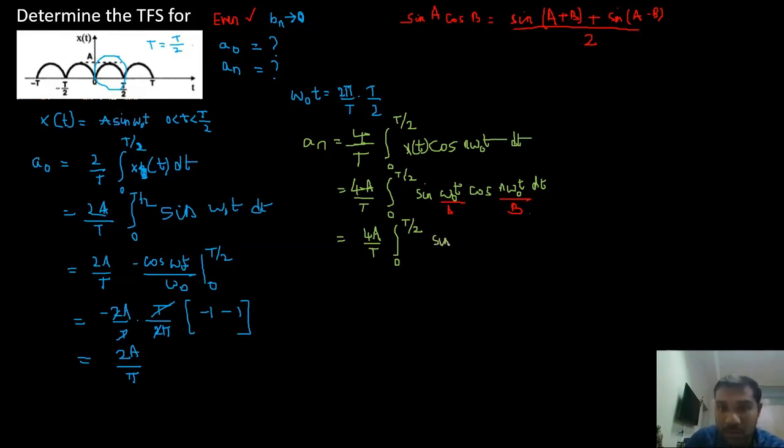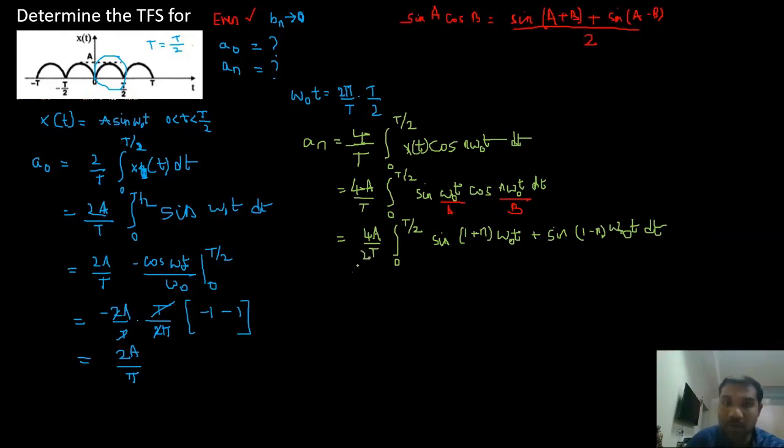Sine 1 plus n omega naught t, plus sine A minus B, nothing but sine 1 minus n omega naught t dt. Right? And we have divided by 2.